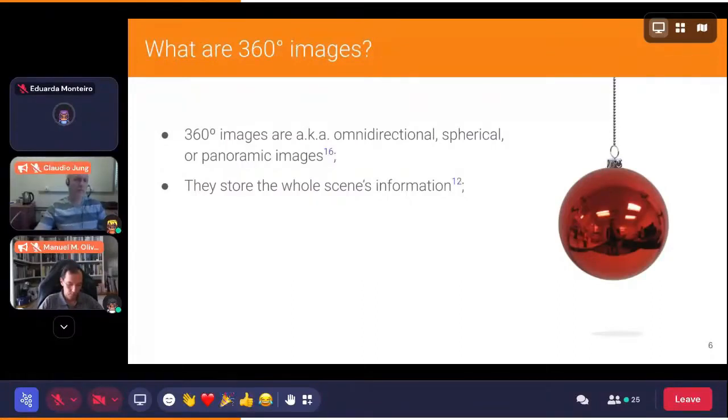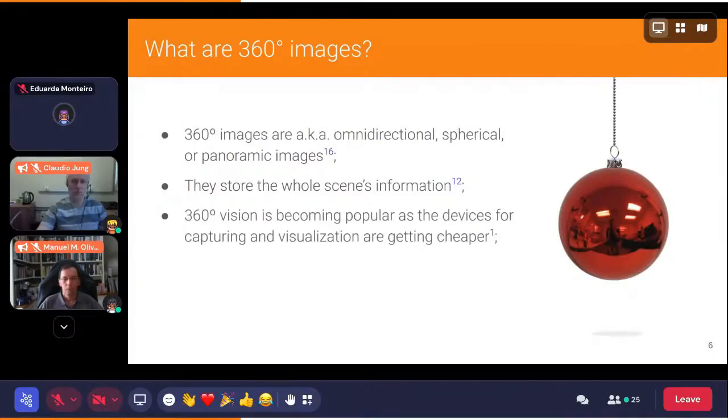Well, its main characteristic is that any spherical image stores the information from the whole scene where it was captured. So everything in the scene is represented in one single image, and this image is what we call an omnidirectional image.